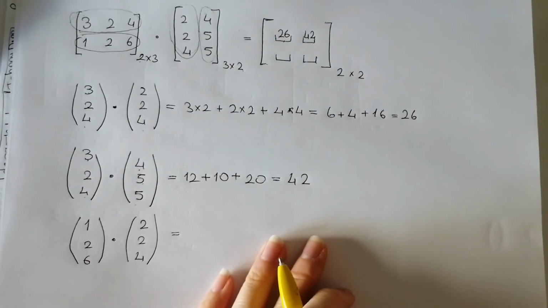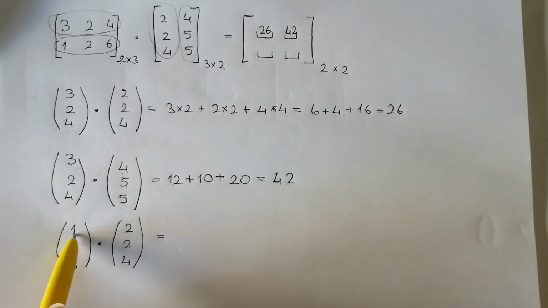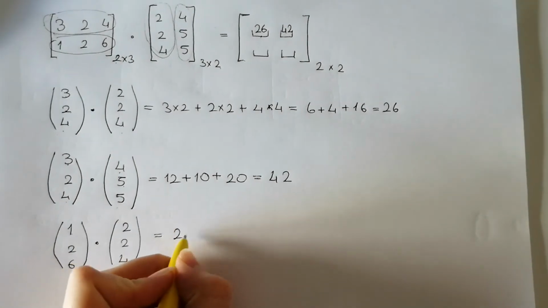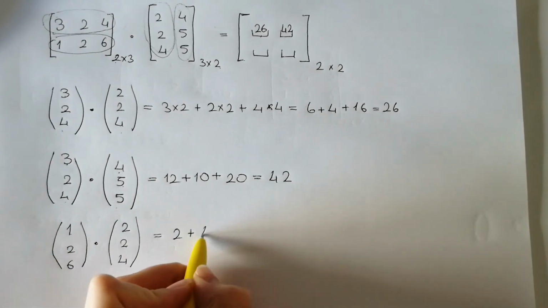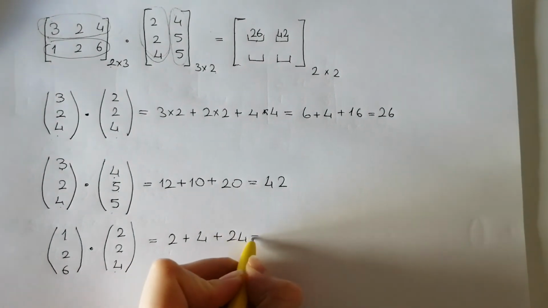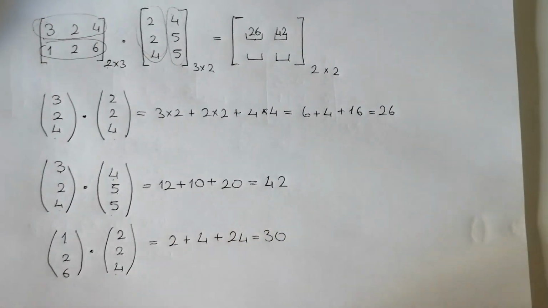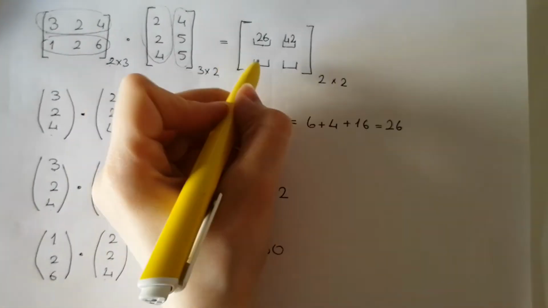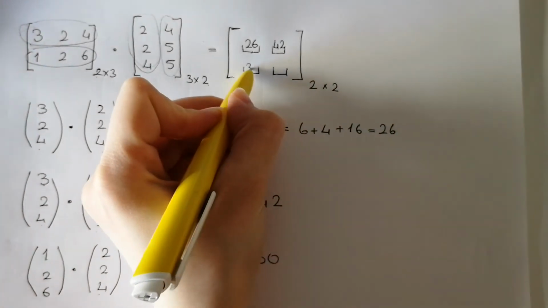So let's multiply these two vectors. 1 times 2 is 2, plus 2 times 2 is 4, plus 6 times 4 is 24. So it is 30. This entry is 30.